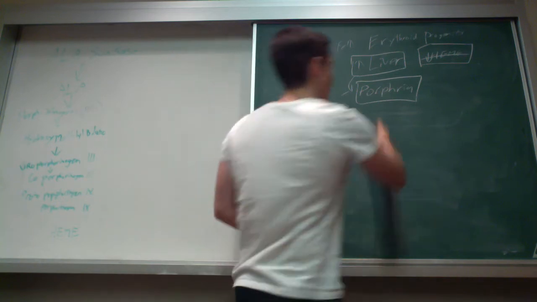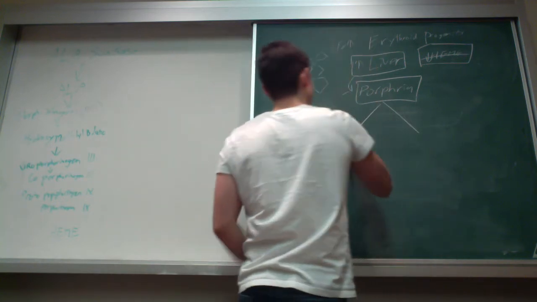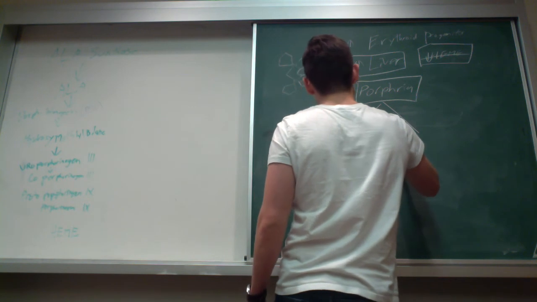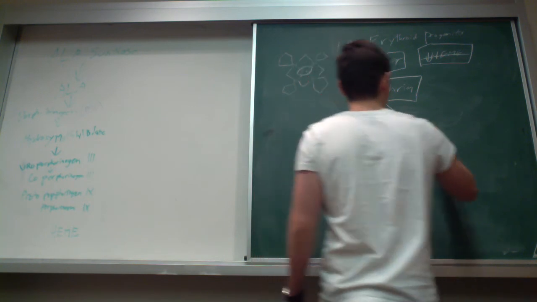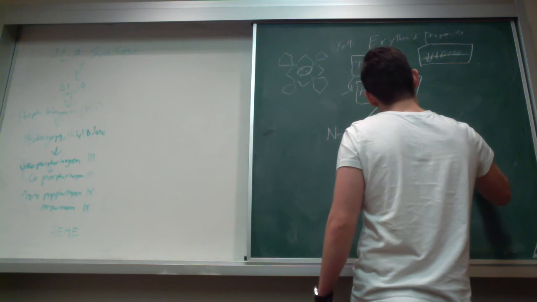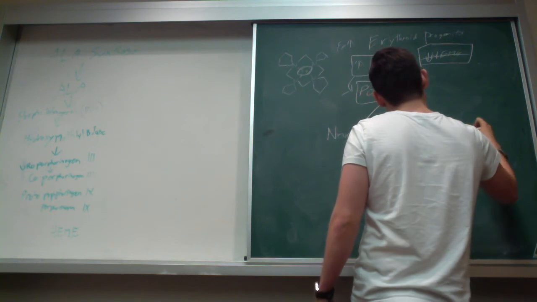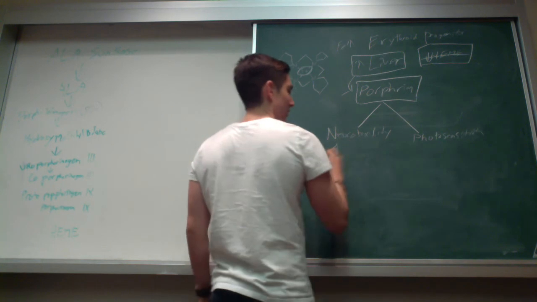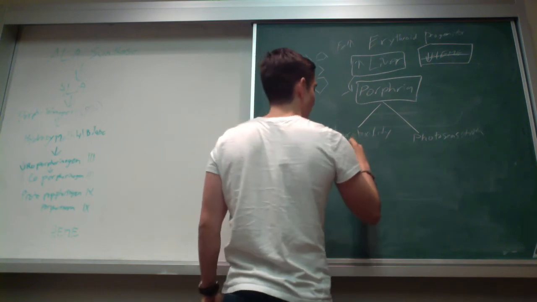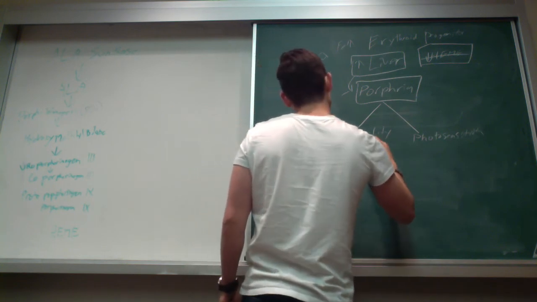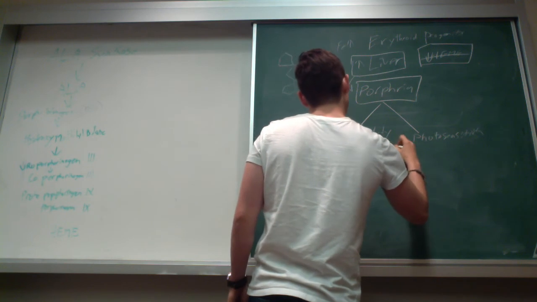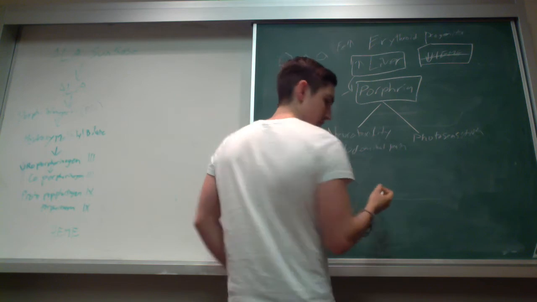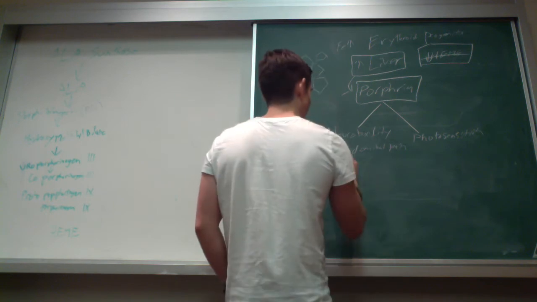So porphyrias end up in 2 toxic effects. You'll see that there's the neurotoxic effects, so neurotoxicity, and you also see photosensitivity. So with neurotoxicity, what you'll see is neuropathic abdominal pain. You'll see peripheral nerve damage or peripheral neuropathy.